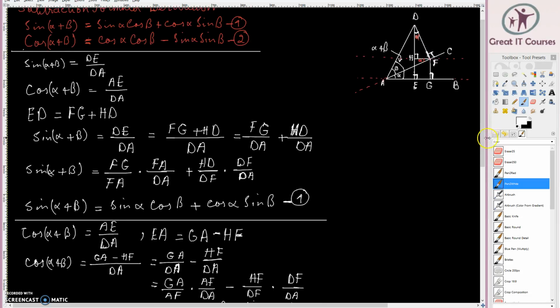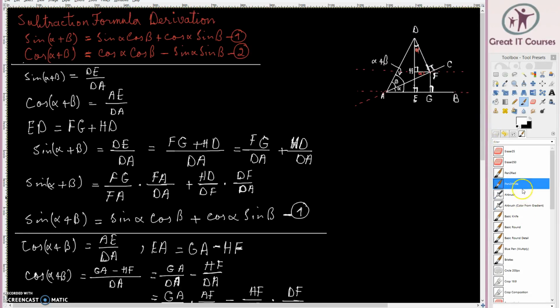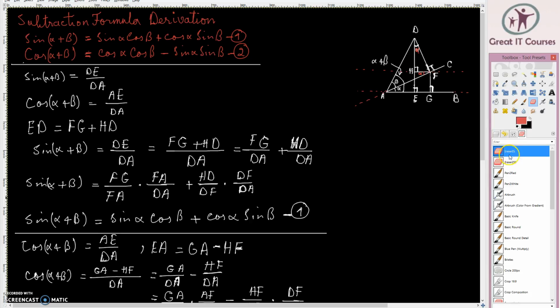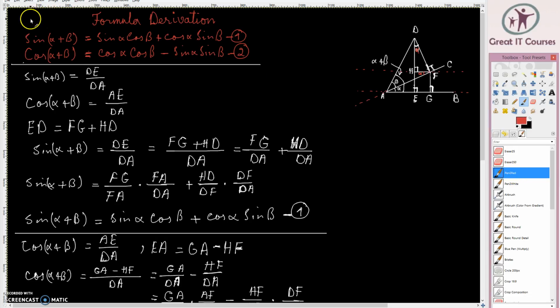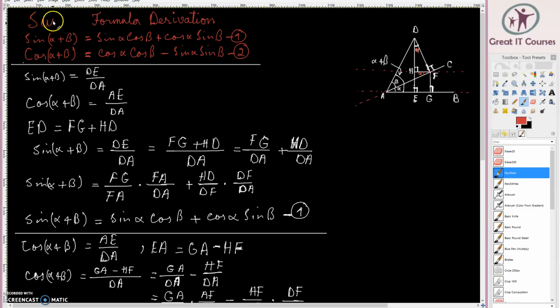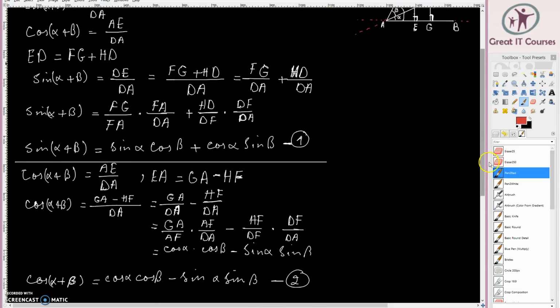So there you have it. And I have made a mistake here. I'm sorry. I made a mistake. This is basically the sum formulas derivation. So that's how you do this.